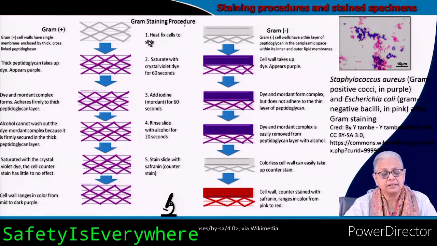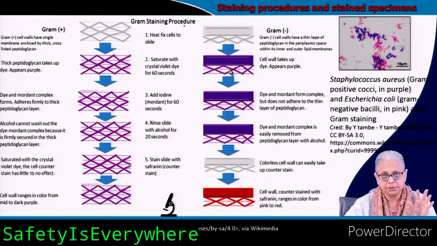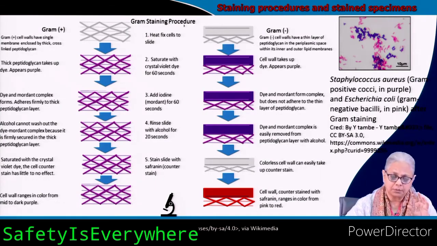You take the cells and heat fix them to the slides. I've already mentioned how heat fixing is done. And then you apply crystal violet dye for about 60 seconds. When you dye it with crystal violet, you will get purple color for all the cells. All of them will look purple.